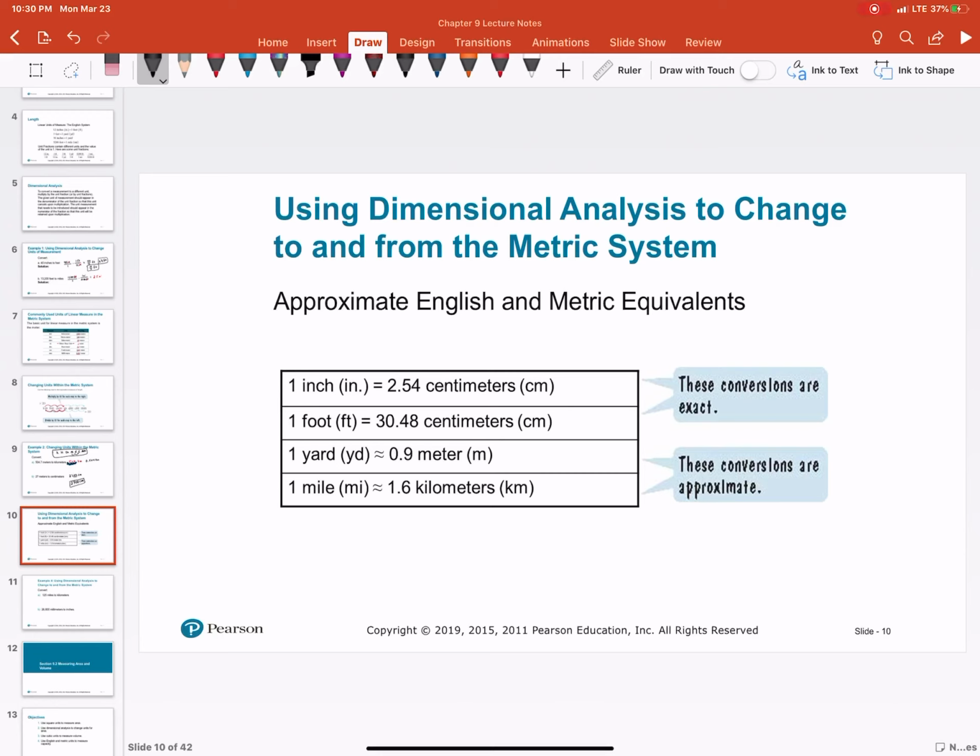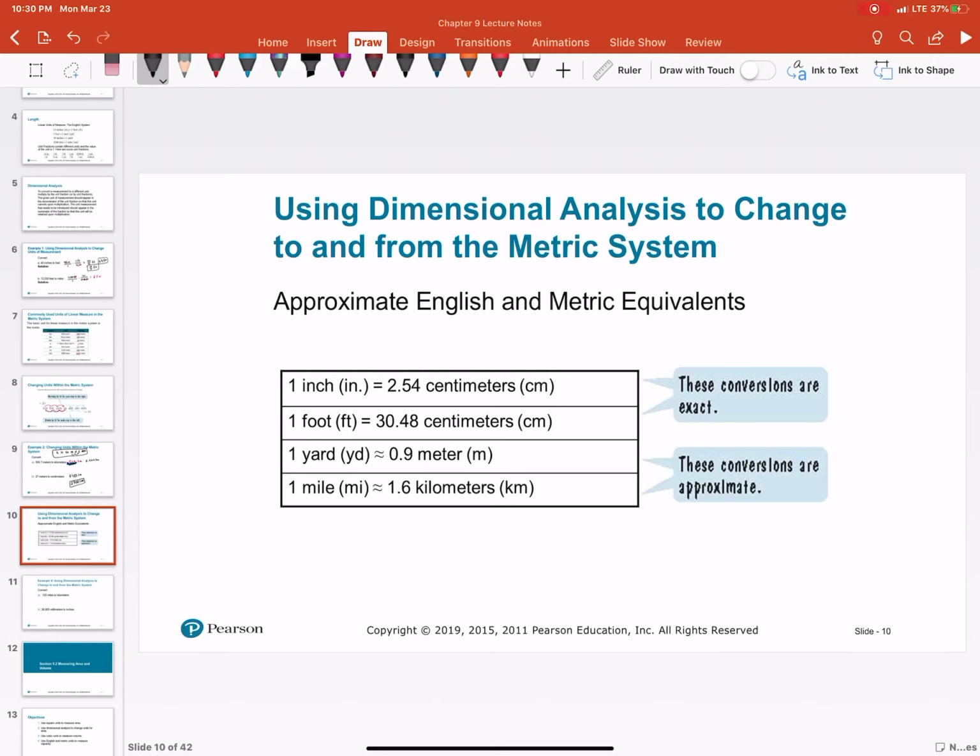So now we're going to go from English to metric and metric to English. So we'll look at some problems. 1 inch is equal to 2.54 centimeters. 1 foot is equal to 30.48 centimeters. 1 yard is approximately 0.9 meters. 1 mile is approximately 1.6 kilometers, whatever your preference is to say it.